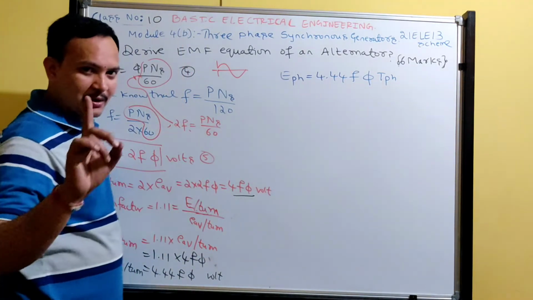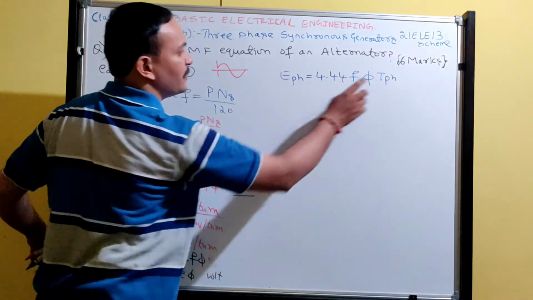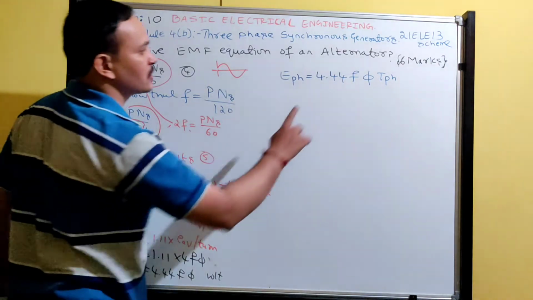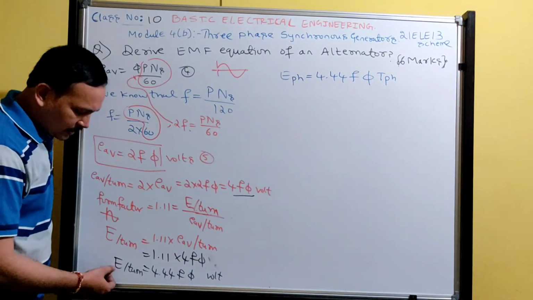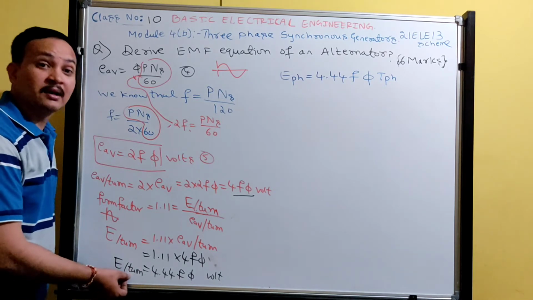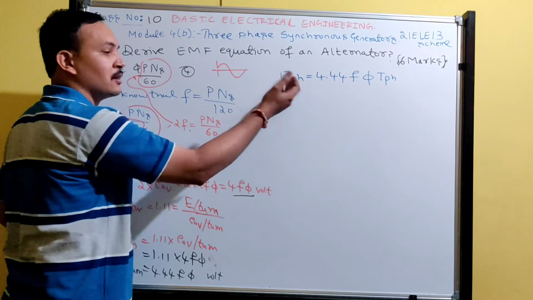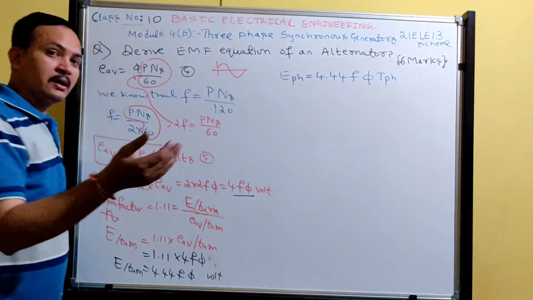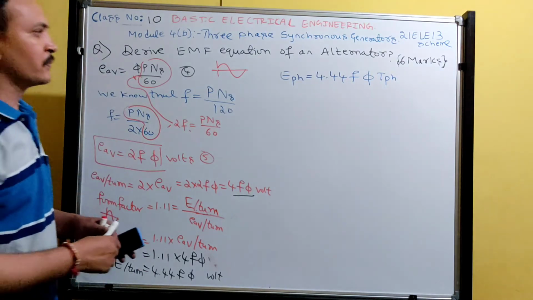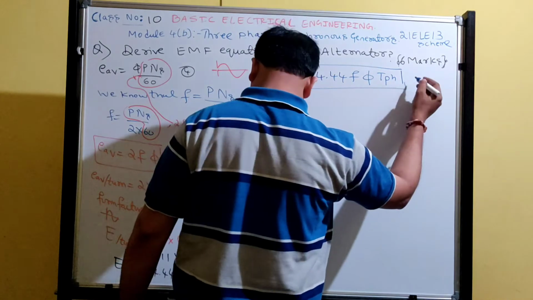Now you take only one turn in one phase. You put TPH equal to 1. Then we get 4.44 F pi. You get the same equation, RMS voltage per turn. Now it is written as RMS voltage per phase, taking that many turns in that phase. So this is the EMF equation of the alternator.